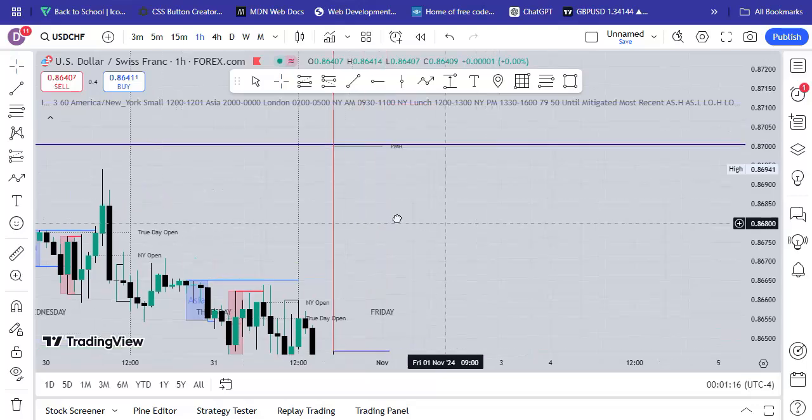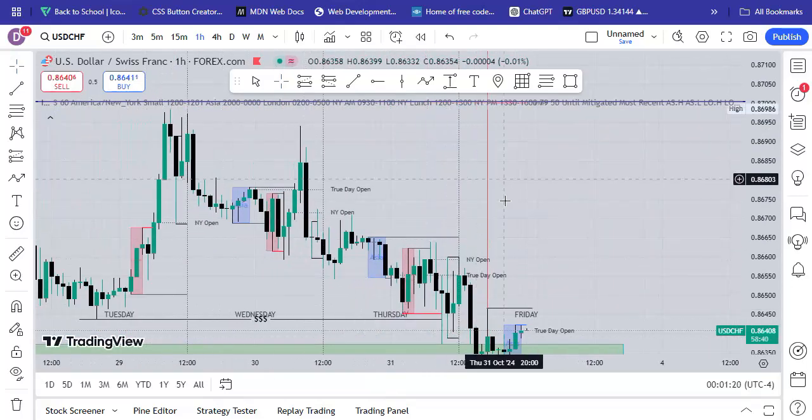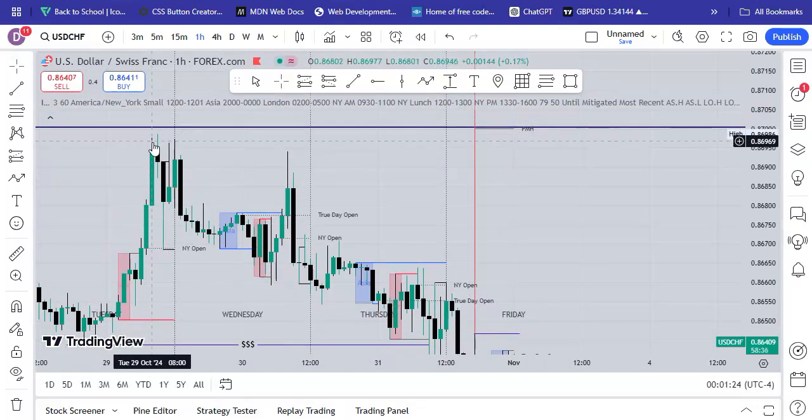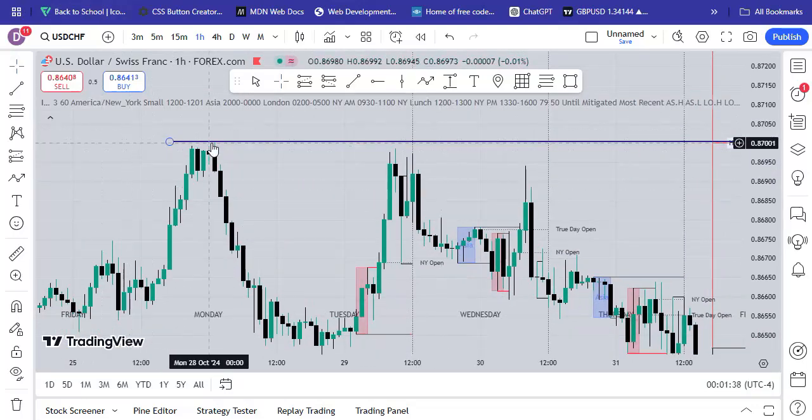Like I said, my target for US dollar Swiss franc is this high, the previous week's high. This high looks too clean to me, and I want us to take it. This is not random.